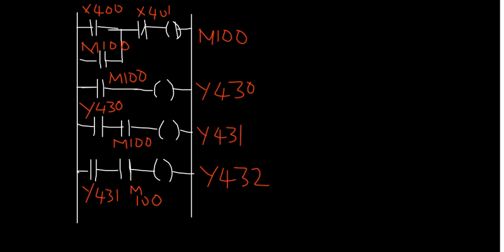Now a momentary turning on of X400 will keep your M100 on, that is your internal relay on. Once your internal relay M100 is on, you have the output Y430 activated. As long as your output Y430 is activated, you can understand that your Y431 also gets activated and your Y432 also gets activated.